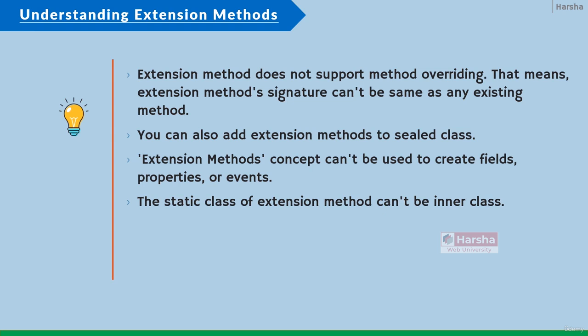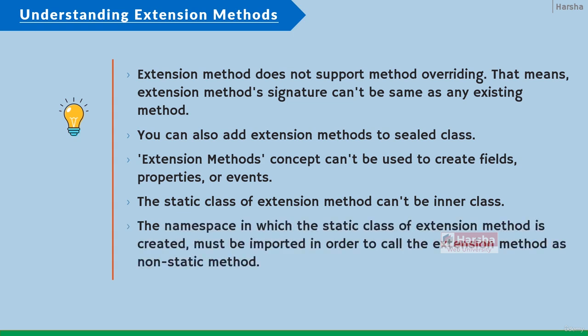It must be always outer class that is defined inside the namespace. And before calling the extension method, you must import the namespace in which the extension method is defined. So these are the points that you must remember for extension methods. This is all about understanding the extension methods in C#.